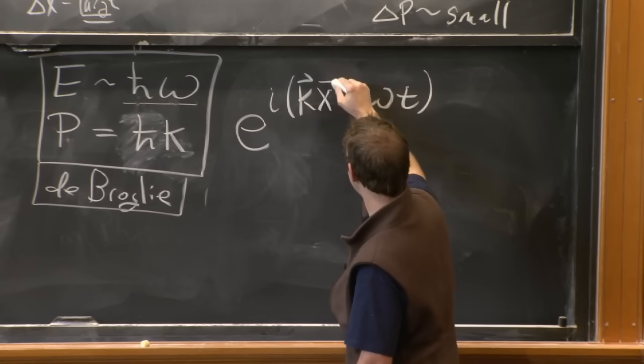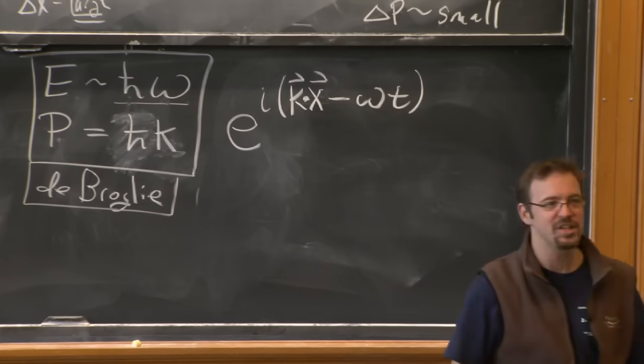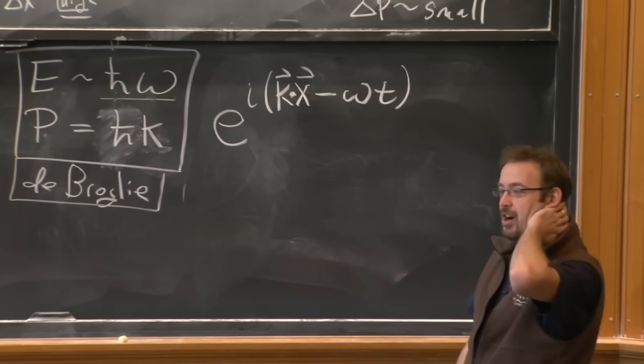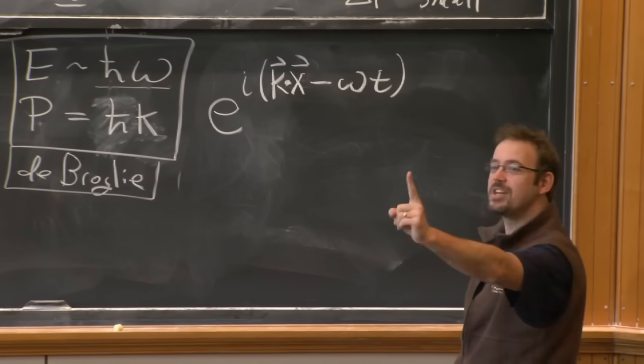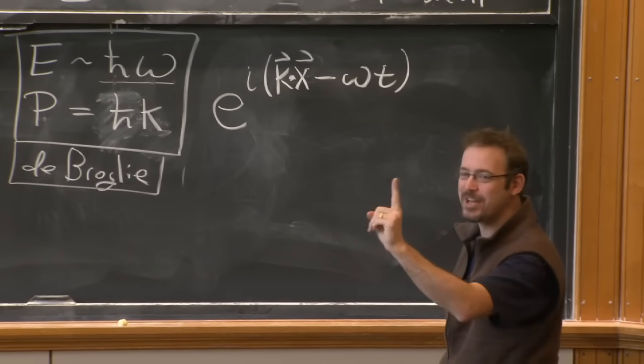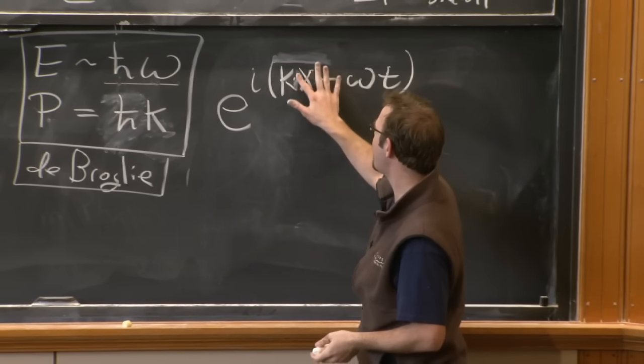And this is properly in 3 dimensions, it should be k dot x. But at this point, this is an important simplification. For the rest of 804, until otherwise specified, we are going to be doing one-dimensional quantum mechanics. So I'm going to remove arrow marks and dot products.